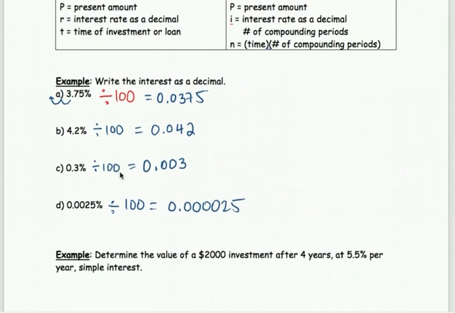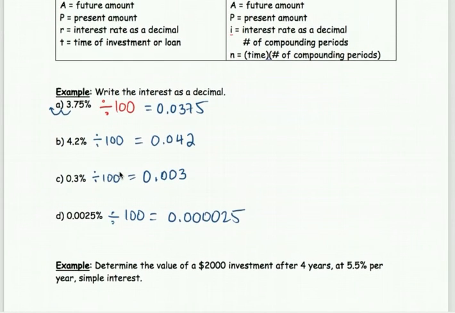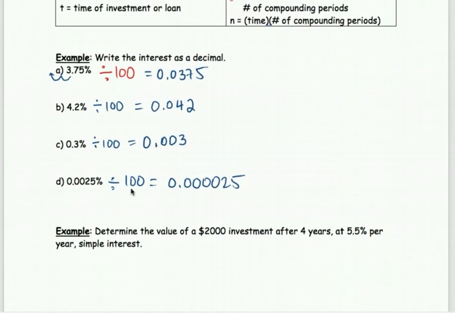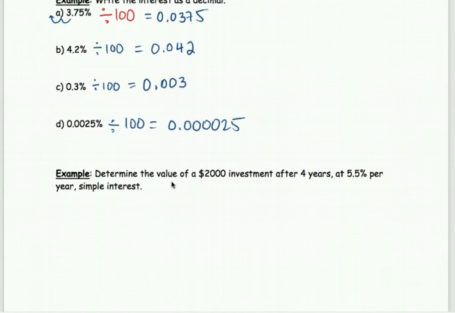Now that we've got the decimal and the interest rate sorted out, I want you to look at our first simple interest question. Determine the value of a $2,000 investment after 4 years at 5.5% per year simple interest. Again, you have your little bank here.